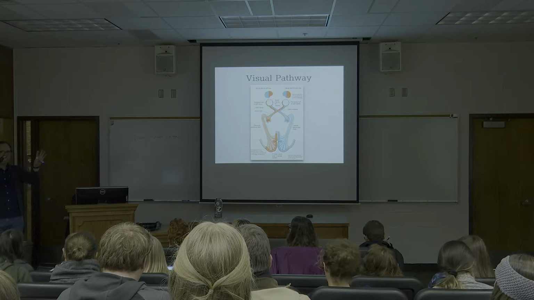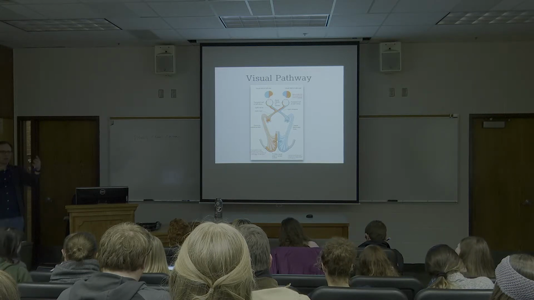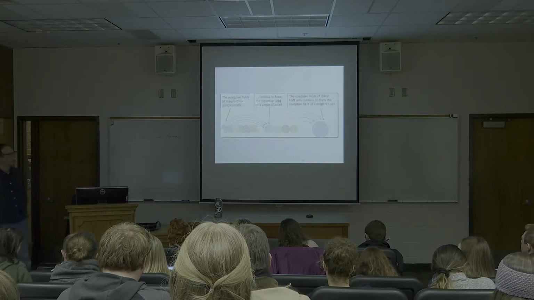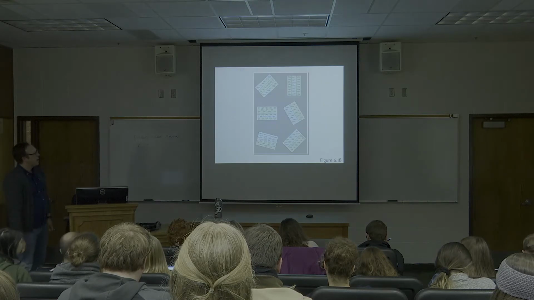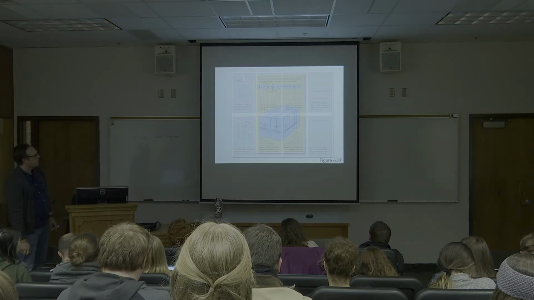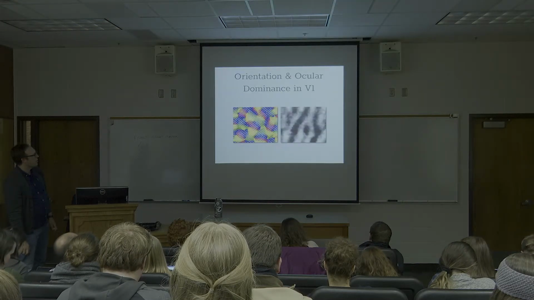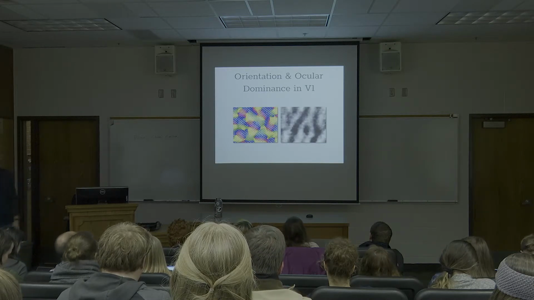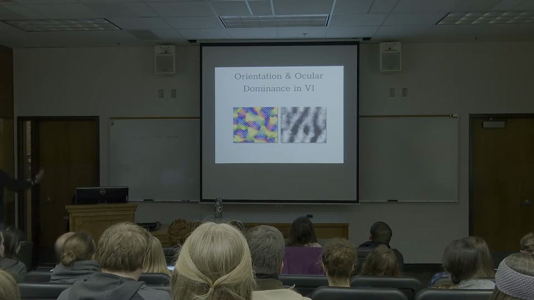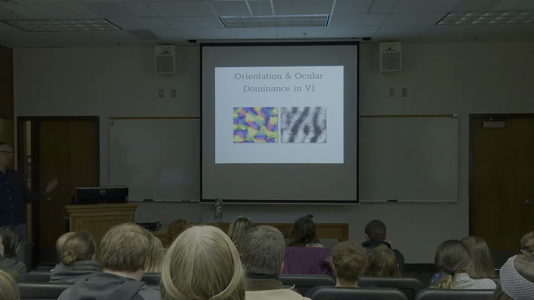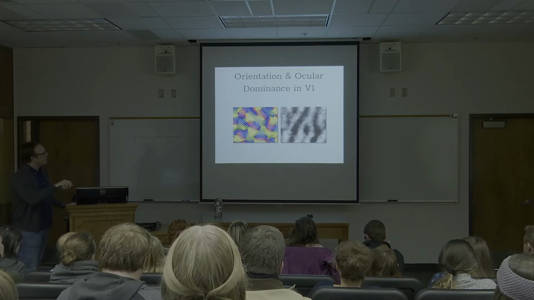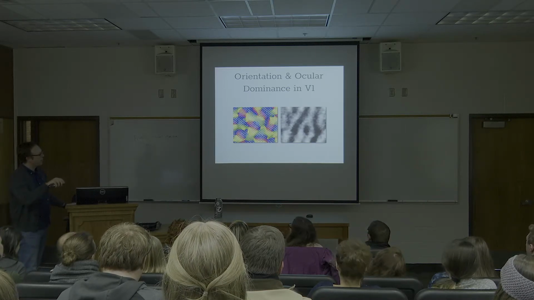So the retinotopic map does what? It matches vision. Whatever is happening on your retina is represented in the primary visual cortex. If we put it all together, here's a representation of everything that's going on in V1.